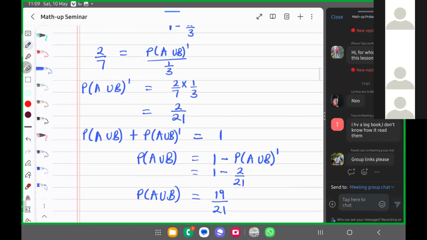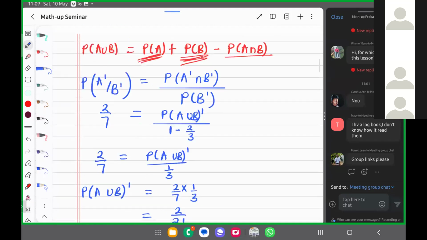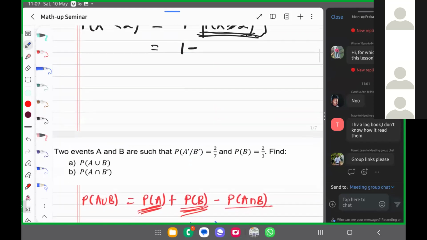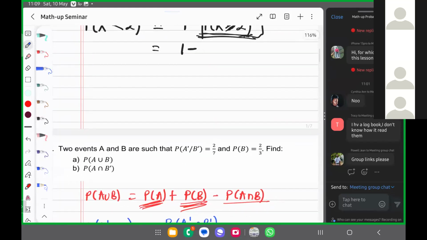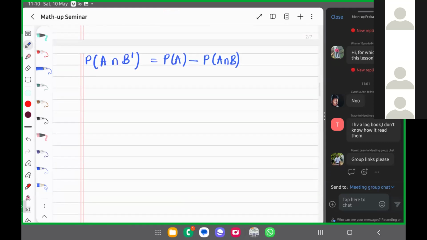If I have probability of A and I have probability of A intersection B, I can get probability of A only using that formula. But when I look at my question, I don't have probability of A. So it may be hard for me to get that probability while using that method.